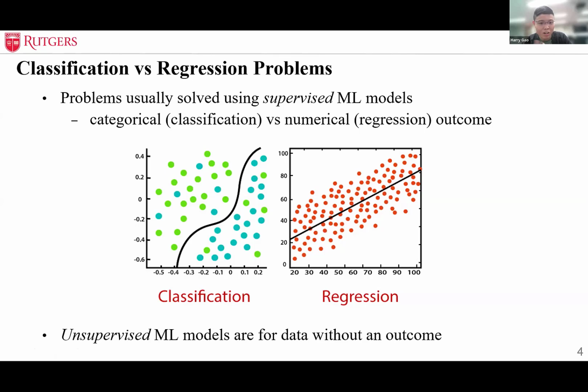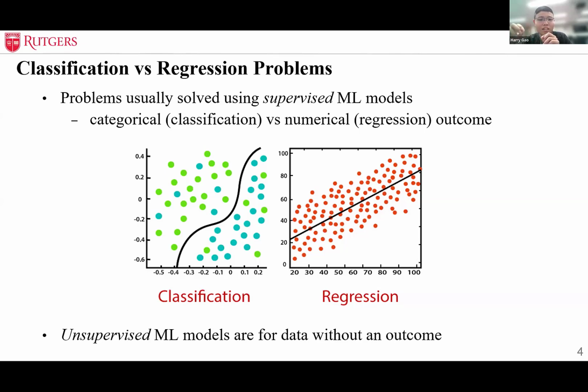Here it's not rain or not rain. It can be, for example, the temperature. Based on something like the humidity or the sunlight hours, some different input data, you try to predict the temperature, which I call numerical, or some people say continuous.